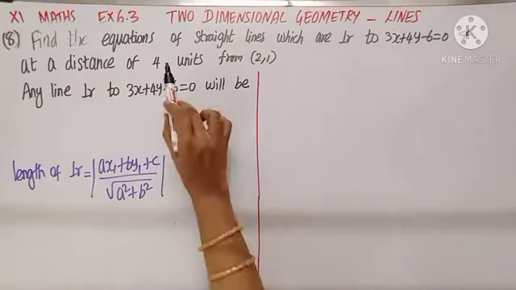Solving 1 and 2 to get the point of intersection. The first line is x plus y minus 2 equal to 0 and the second line is x minus y plus 8 is 0. As we add, 2x plus 6 equal to 0, or 2x equal to minus 6, we get x is equal to minus 3.